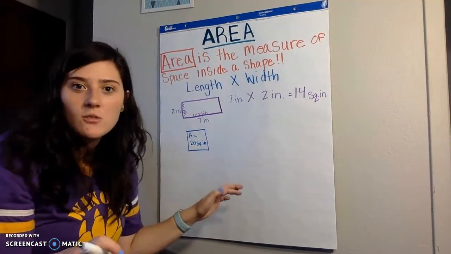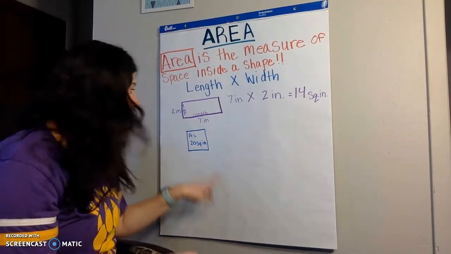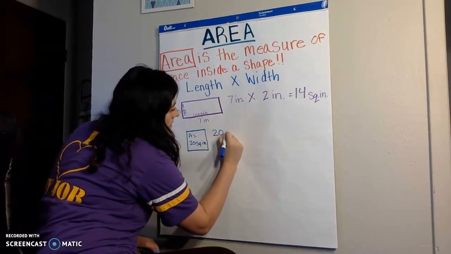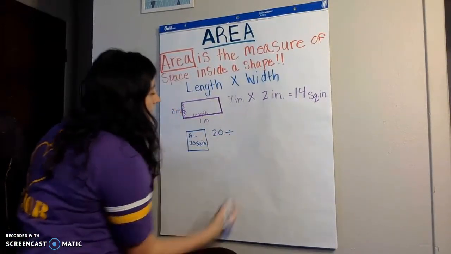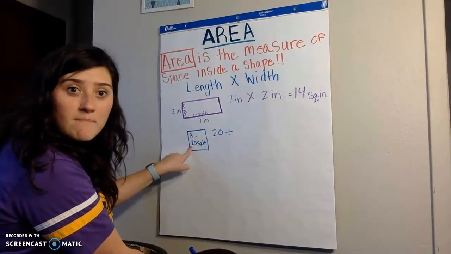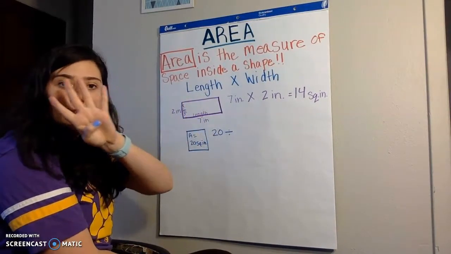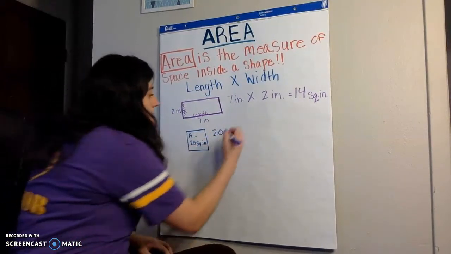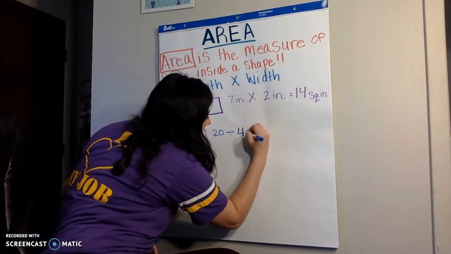We're going to use division. I'm going to take my area, which is 20, and divide to solve for that missing link. I know there are 4 sides in a square, so I'm going to go 20 divided by 4.